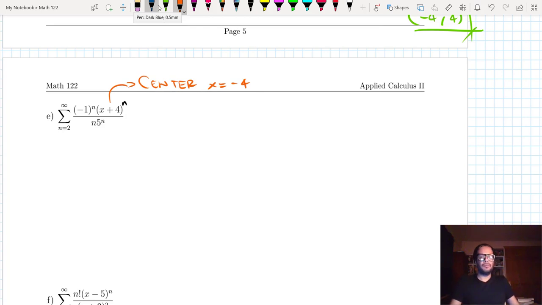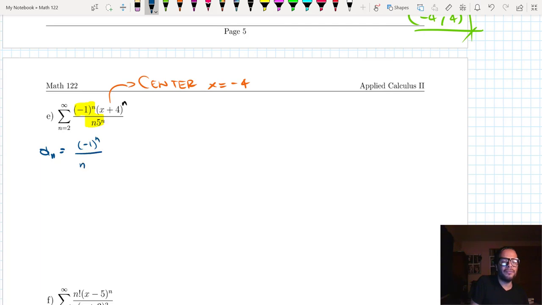So let's identify a sub n, which is the quantity I highlighted in yellow. A sub n equals -1 to the nth power divided by n times 5 to the nth power. A sub n plus 1, change everywhere you see the n with an n plus 1.